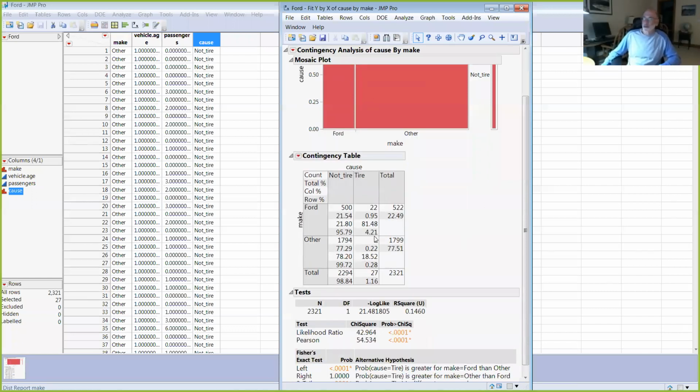If you look at the row percents here, it was 4% of the Fords were involved in tire-related fatal accidents, where it was 0.28% of the other brands. Highly significant p-value, so we basically would say it looks pretty likely that more Fords were involved in tire-related crashes.